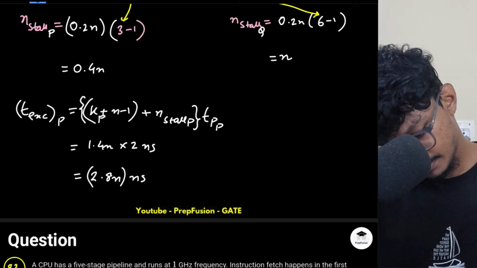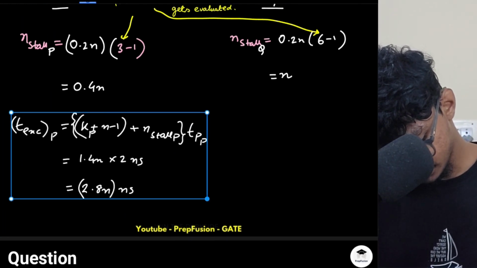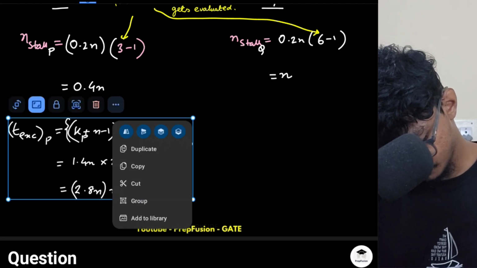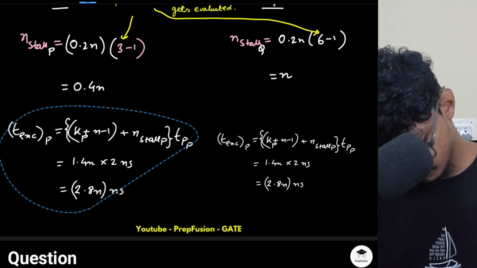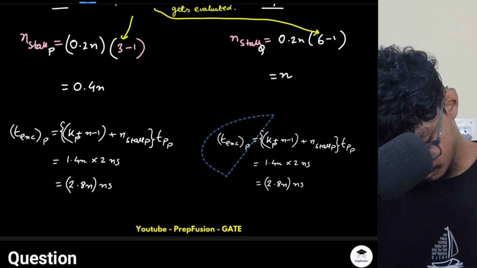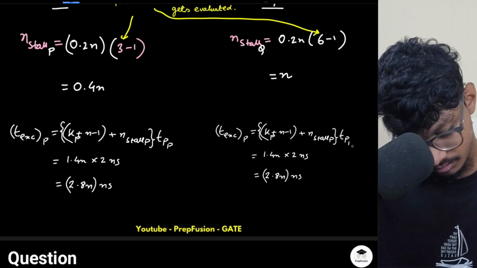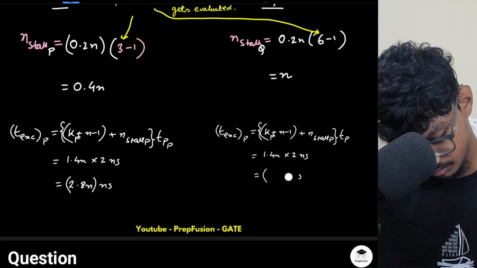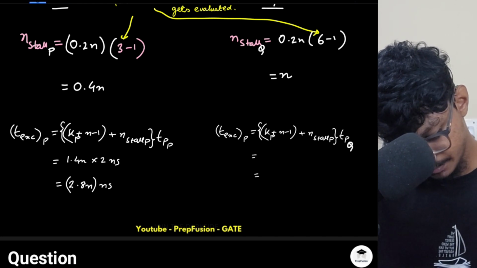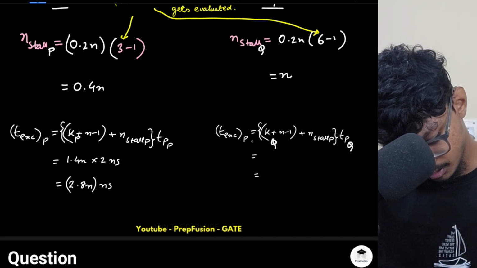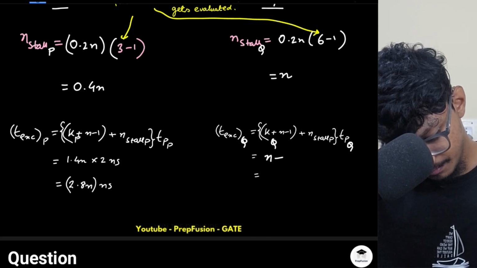Now in this case everything will be similar, but values will change obviously. It will become TPQ, and this will be n plus how many stall cycles?